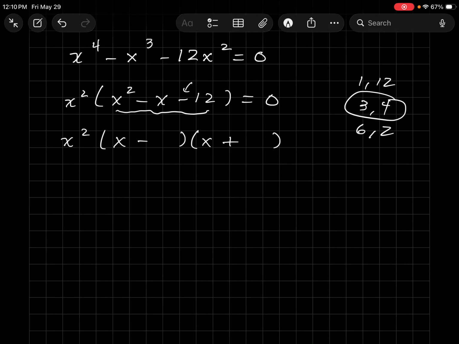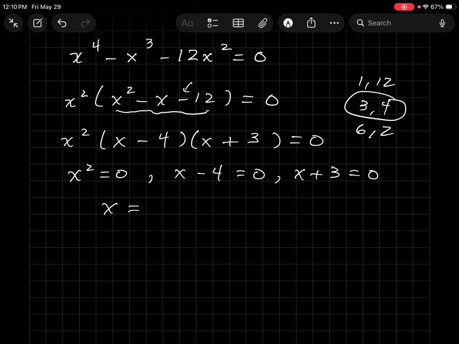And this is the only one that could add up to 1. In fact, they need to add up to -1. So that would be the correct factorization. So we get either x squared equals 0, x minus 4 equals 0, or x plus 3 equals 0. Giving us our solutions of 0, 4, and -3.